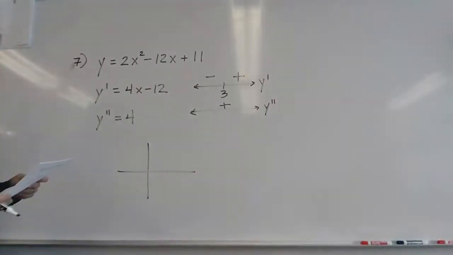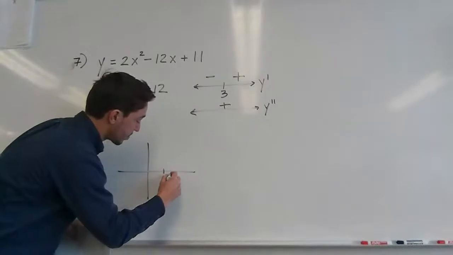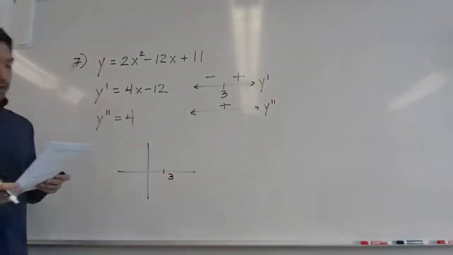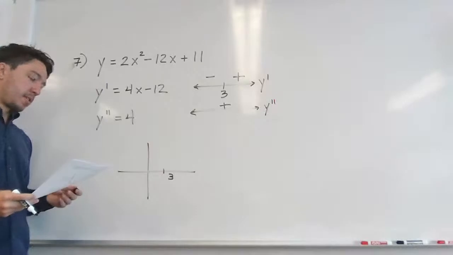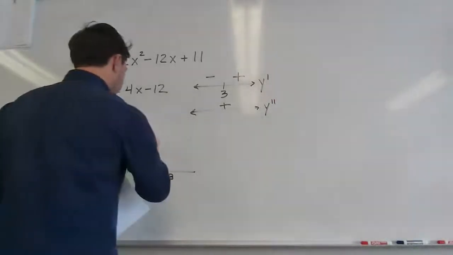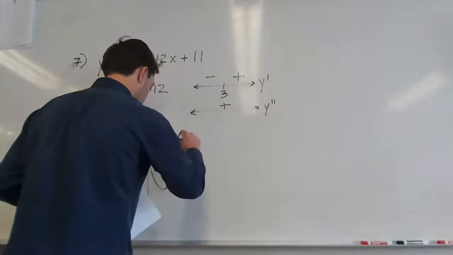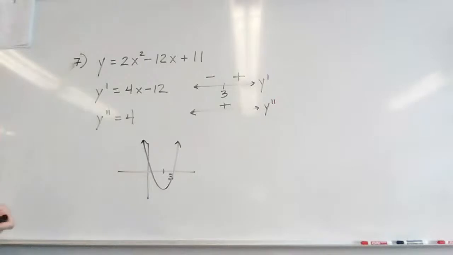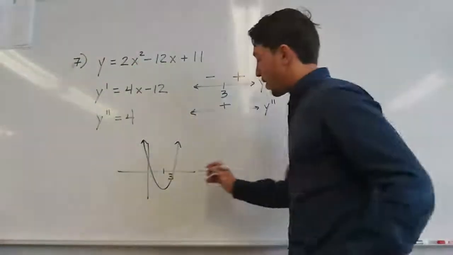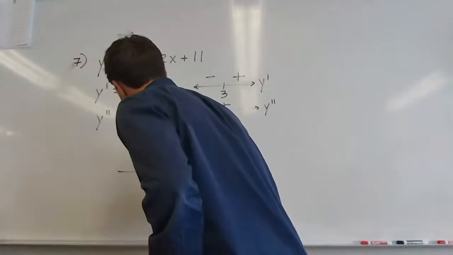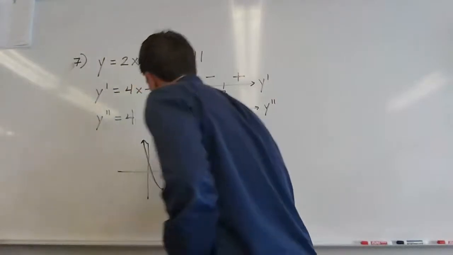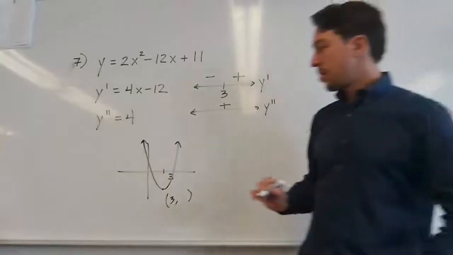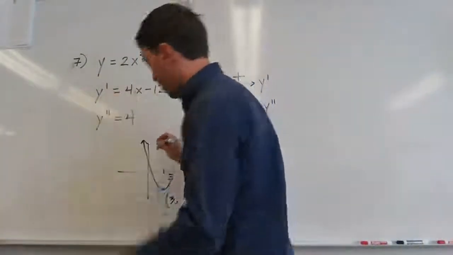Now let's get the local extrema. What's the x value that the local extrema will happen at? 3. This next part isn't the most critical thing, but it's sometimes useful to ask what this point actually is. 3, what? By the way, this drawing's not going to be to scale, full disclosure.